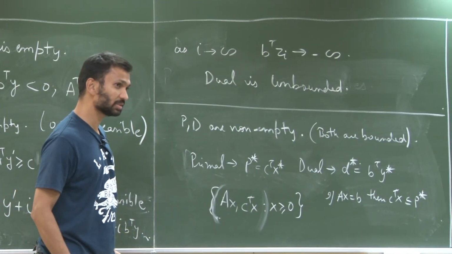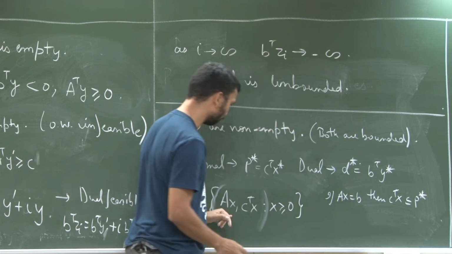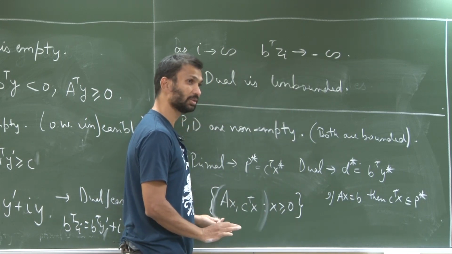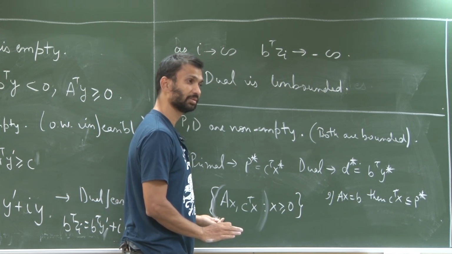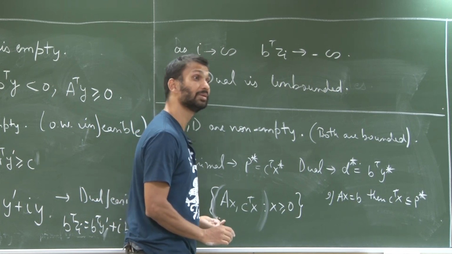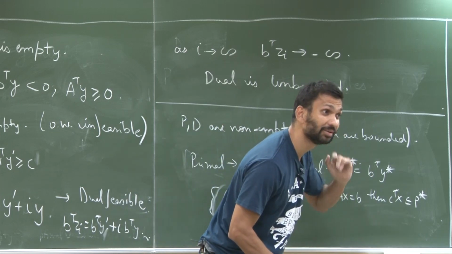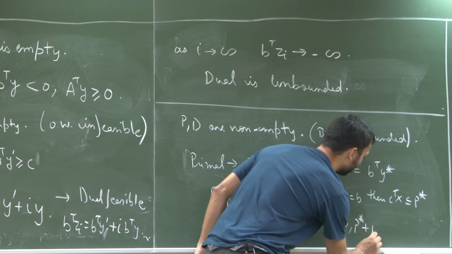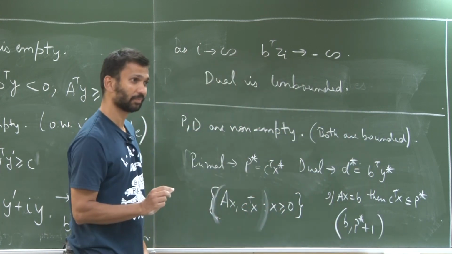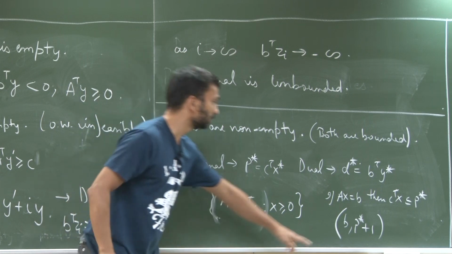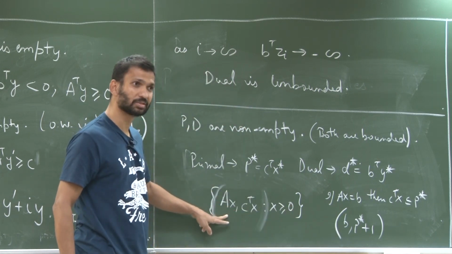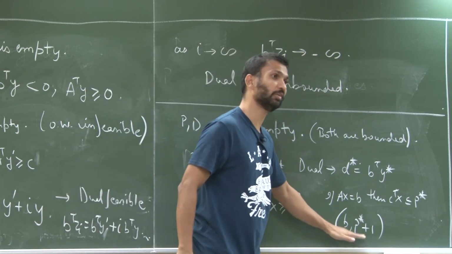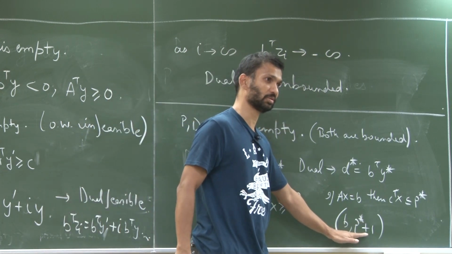Other way to say it is, can you find a point which is not part of this? Not in terms of x. Okay, very good. b comma P star plus 1. Right? This is not part of this. Agreed? Though, this is a good question if you have done a discrete structures course in previous semester.